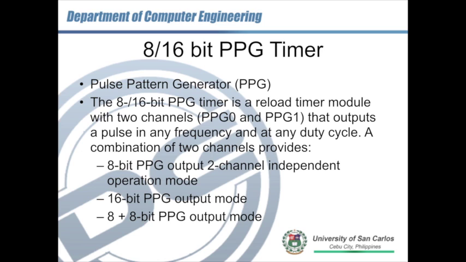If you want to use the entire 16-bit resolution, then you're limited only to two channels, while in the 8-bit mode we could also use an 8-bit two-channel mode, but if you want to maximize the four channels, then we can use the 8 plus 8-bit PPG output mode.